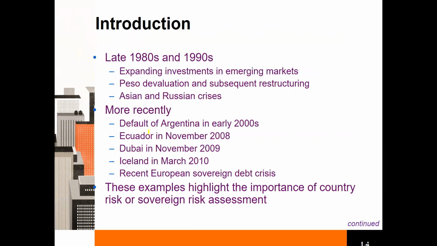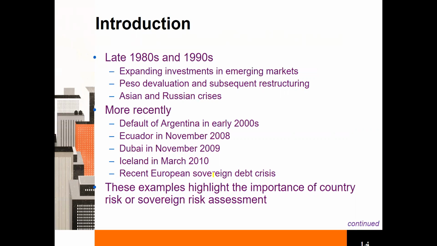For example, you can see a default of Argentina in early 2000, Ecuador in 2008, Dubai in November 2009, Iceland in March 2010. And obviously, all of you know about the repayment problems of different countries, particularly after the global financial crisis in 2007, 2008, and also after the European sovereign debt crisis. These recurring experiences confirm the importance of assessing the sovereign risk of a borrowing country before making lending or other investment decisions, such as buying foreign bonds or equities.